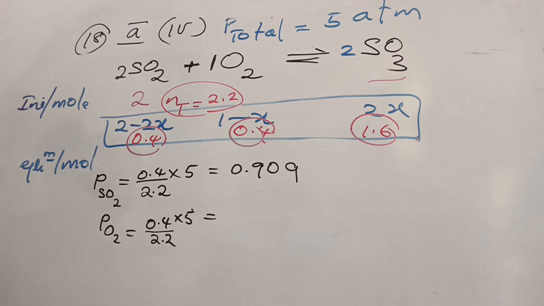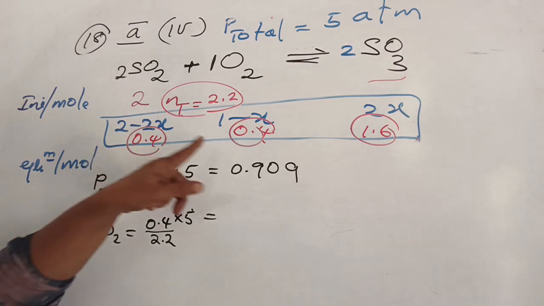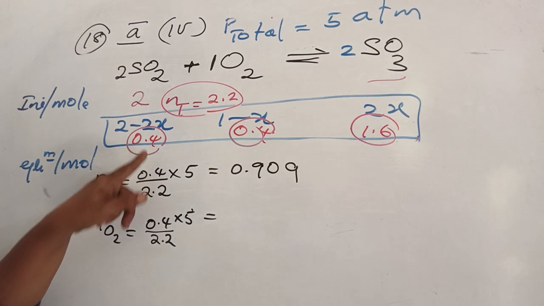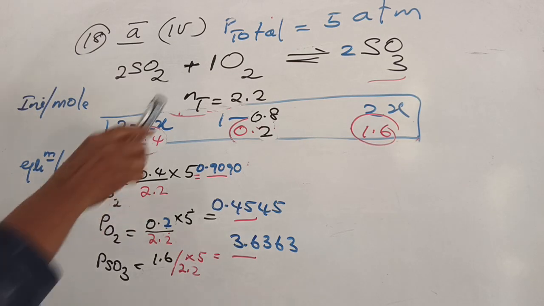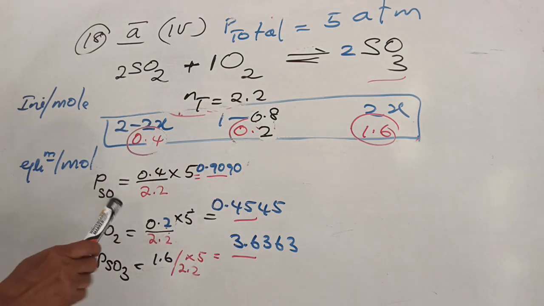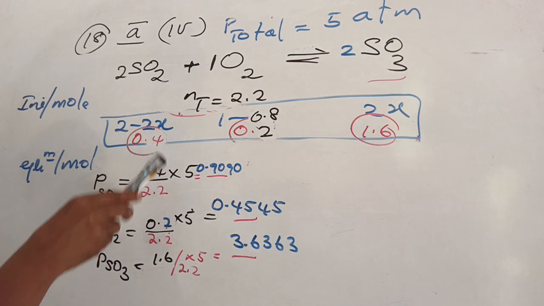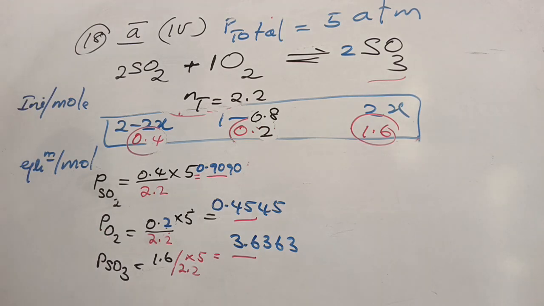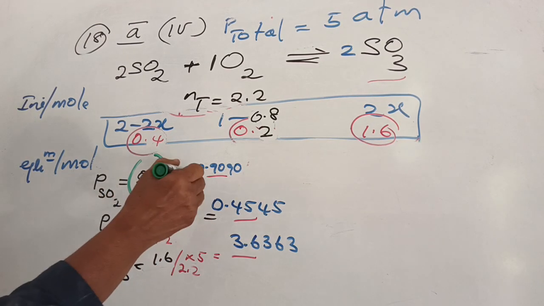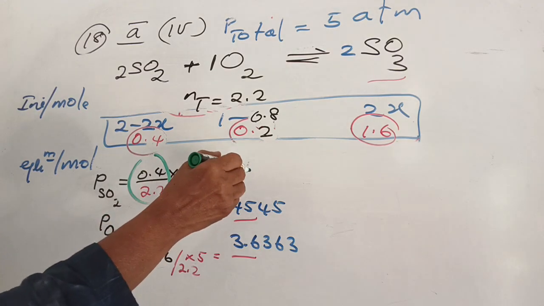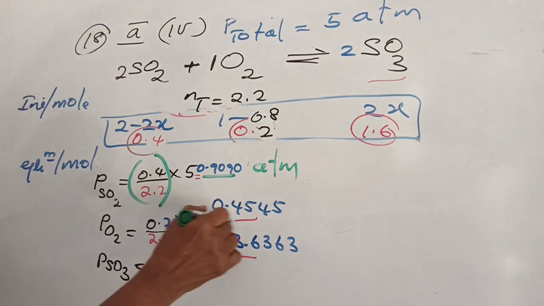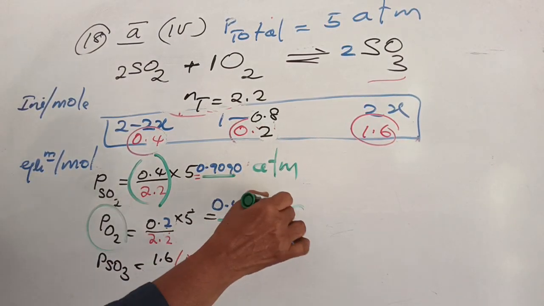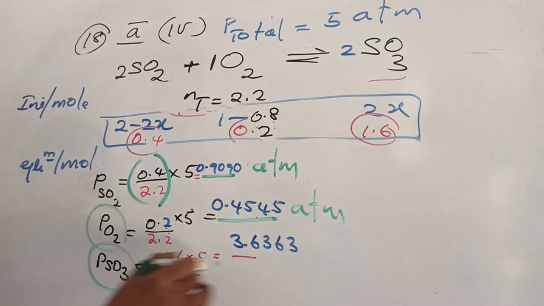The partial pressure of SO3 is 1.6 divided by the total of 2.2, multiplied by 5. So these would be the partial pressures in atmospheres: the partial pressure of SO2, the partial pressure of oxygen, and at the same time the partial pressure of SO3.